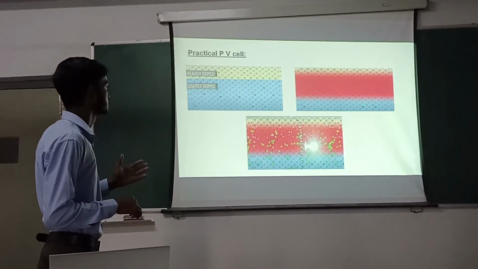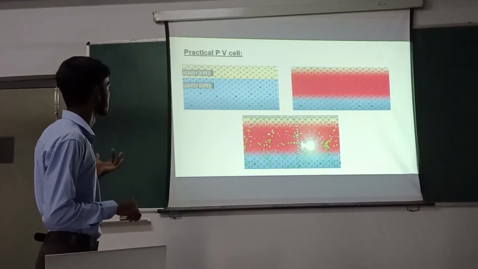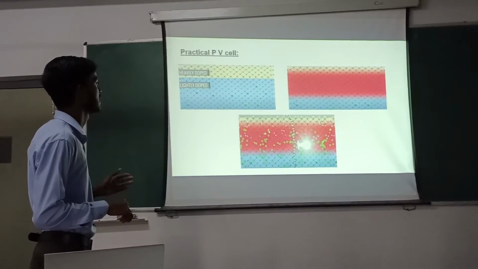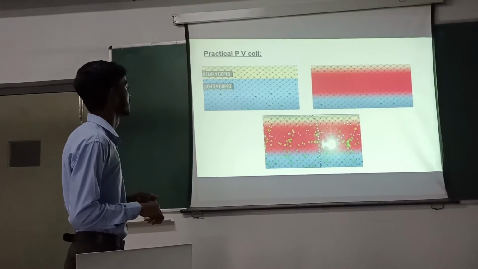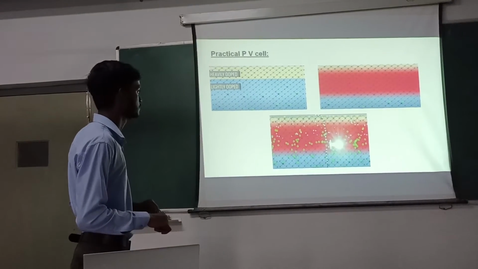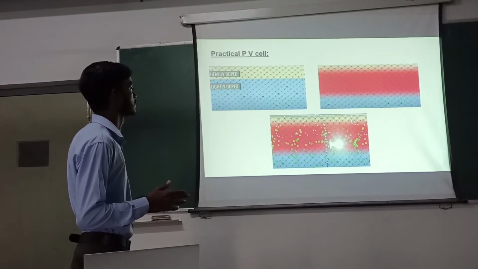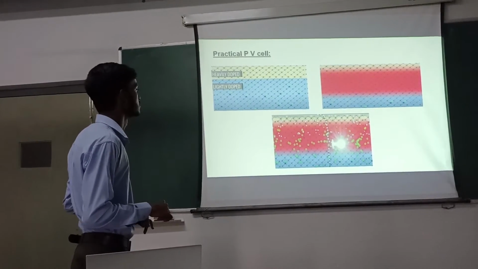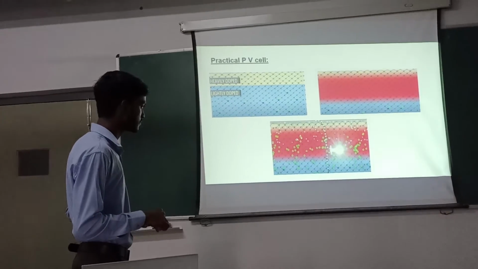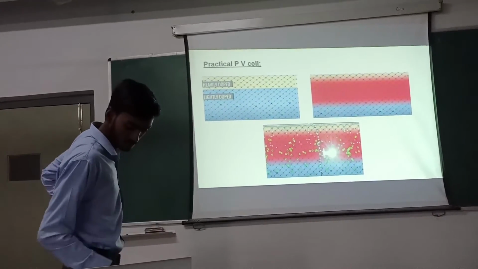So when the light strikes, it reaches the depletion region very fast, and more electron and hole pairs will be generated in this region. So a lot of current will be generated.